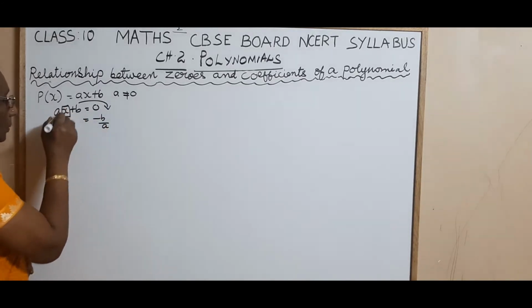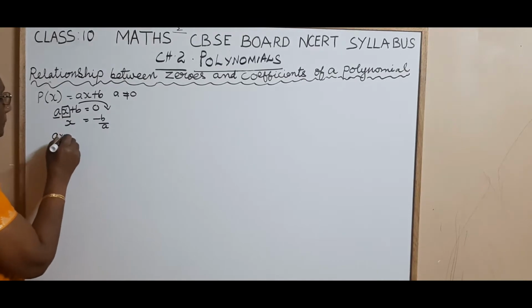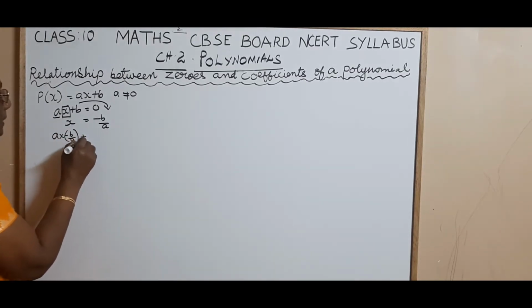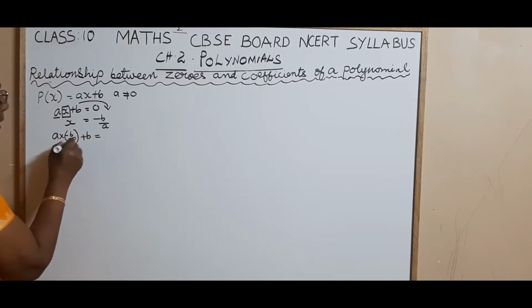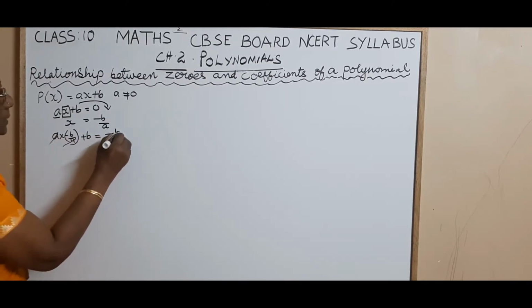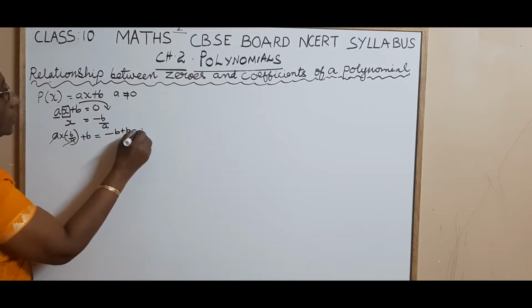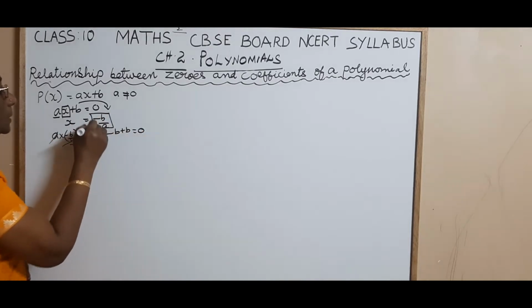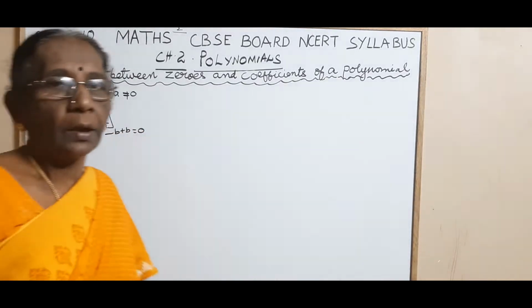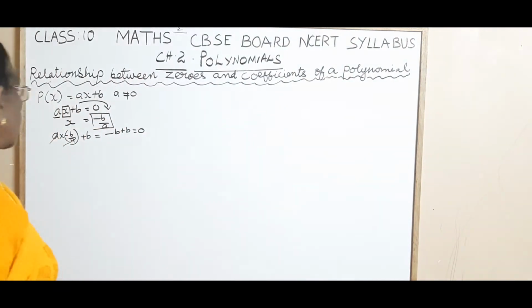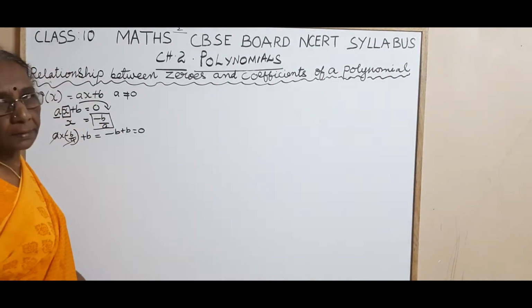If you put minus b by a in the place of x in ax plus b, what do you get? A gets cancelled, minus b plus b is equal to 0. So, this minus b by a is making the value of ax plus b as 0.